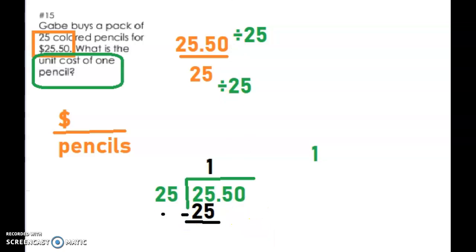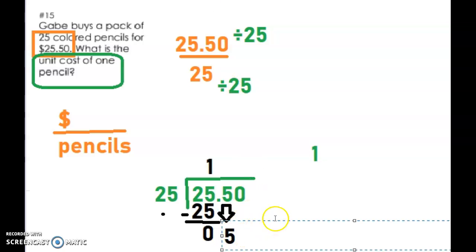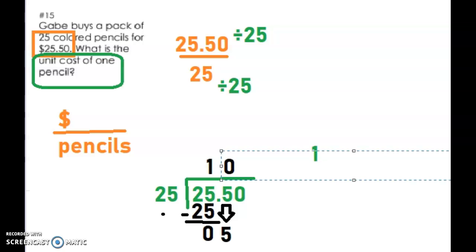Okay. I should have just used a calculator. Next number I'm going to bring down is my 5. And now how many times can 25 go into 5? Well, that would be 0, right?